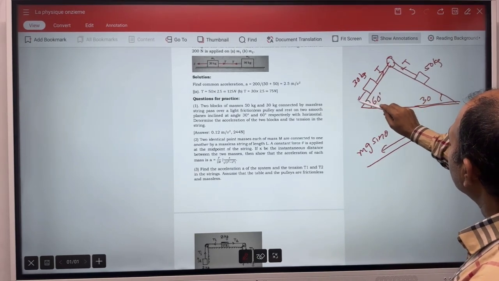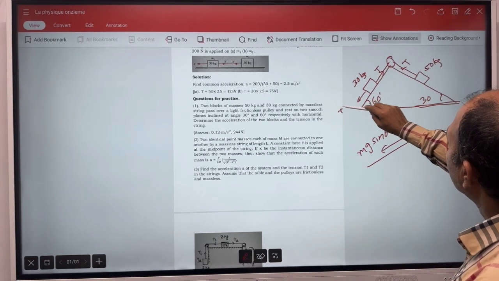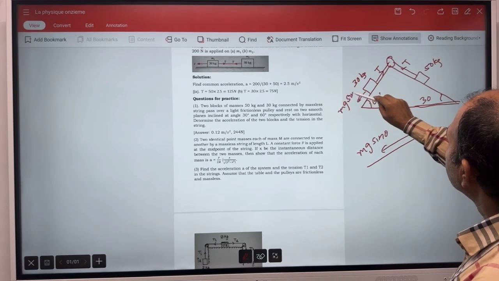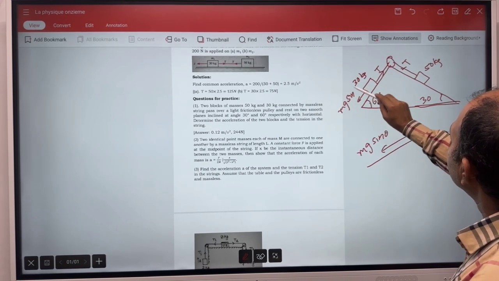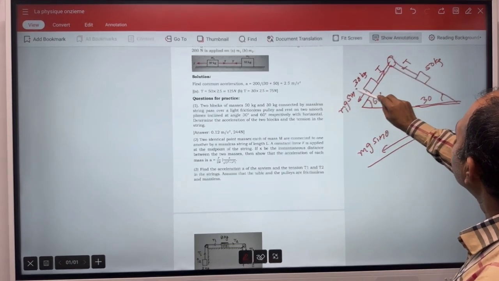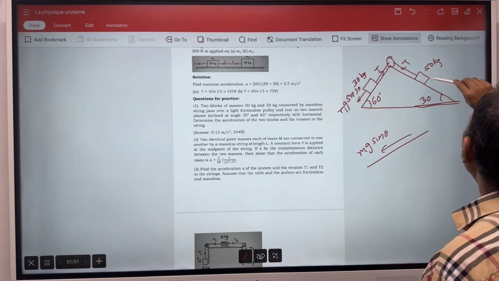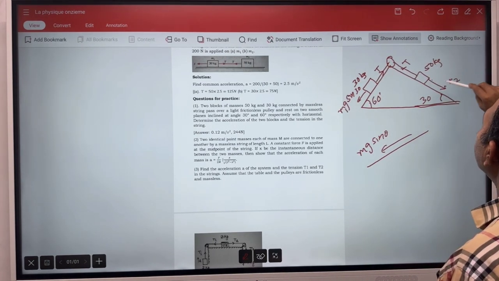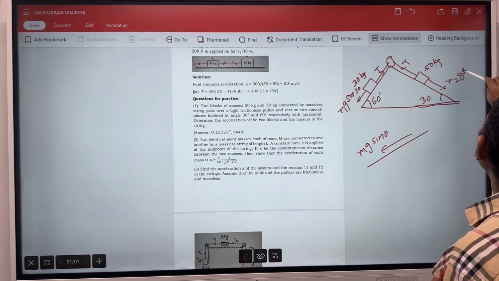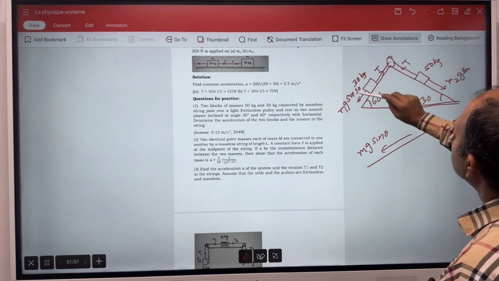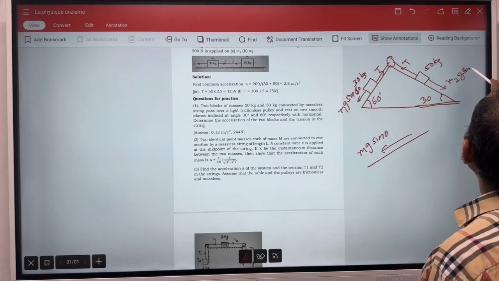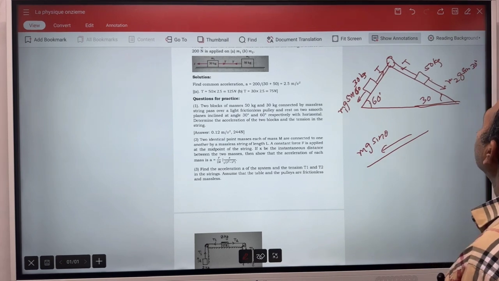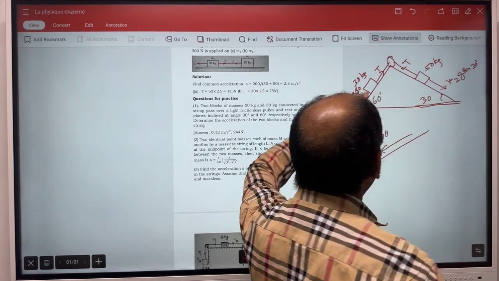So in this direction m1 g sine 30 degrees will act. Here the force will be m2 g sine 60 degrees. You understood the concept?